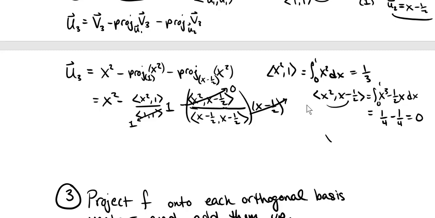But just for good measure, let's go ahead and finish up and see what the norm of x minus a half is, by taking its inner product with itself. I just want to see what this is in case we need it later.